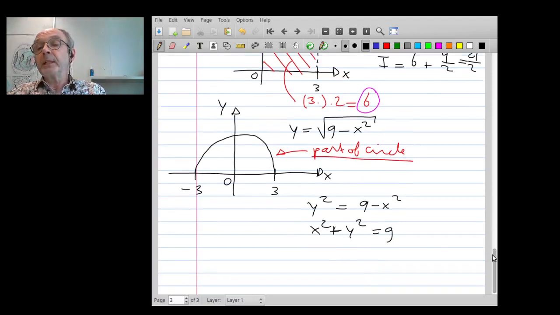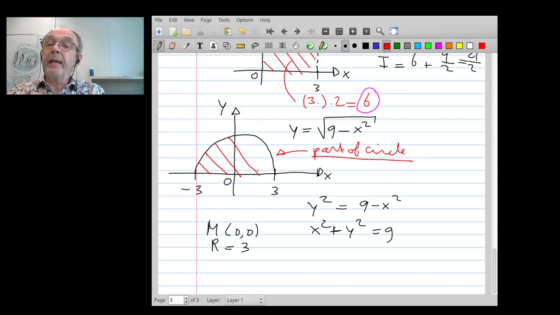So the midpoint of that circle is 0, 0, and the radius is equal to 3, the square root of 9. Now, if you are asked to calculate the area beneath this graph, it is just the area of a circle, but then divided by 2. So we have here pi times r squared, and then we have to divide by 2.